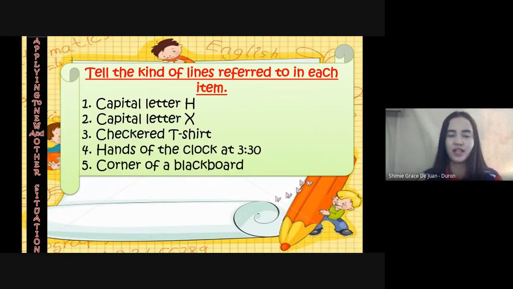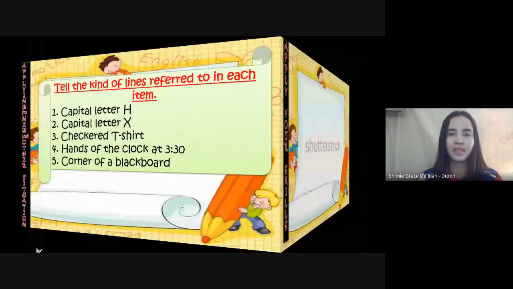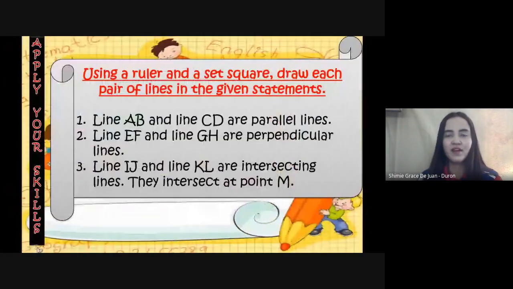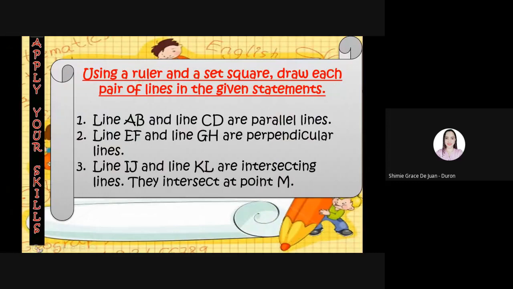So, are you done answering this? Okay, very good class. Now, for your written work, I would like you to use a ruler and a set square and draw each pair of lines in a given statement. So first, line AB and line CD are parallel lines.